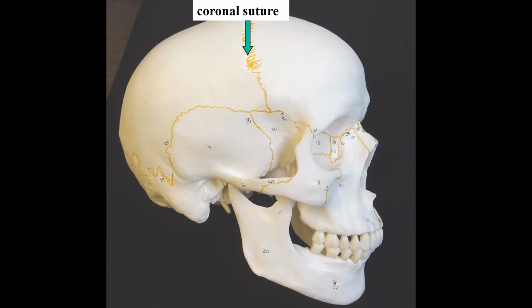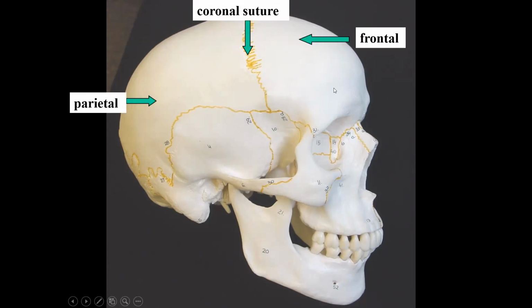Well, there's our coronal suture dividing the skull into the anterior portion and the posterior portion. In this area, the coronal suture separates the parietal bone on either side from the frontal bone. One frontal bone, two parietal bones. There's the frontal bone. There's the parietal bone.